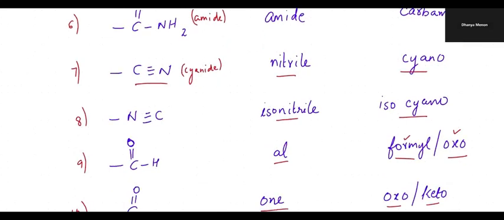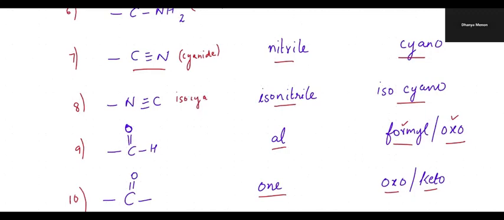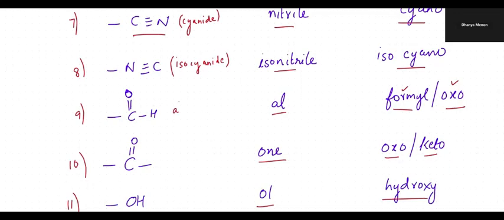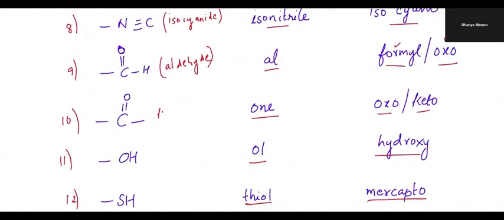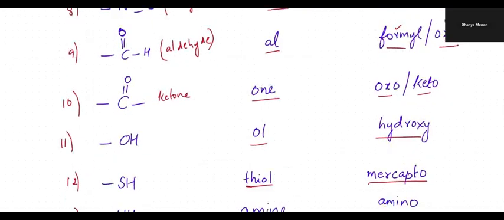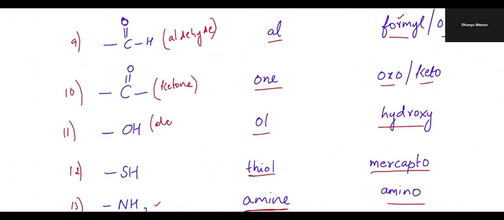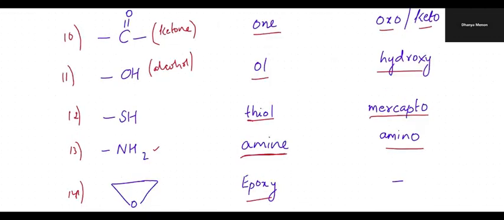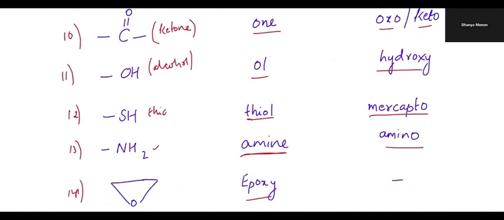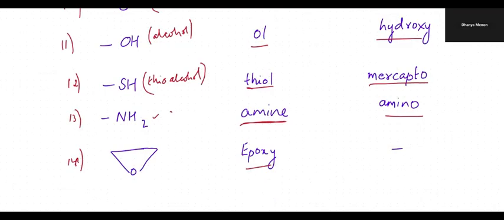Eighth one is structure of isocyanide. Ninth one is aldehyde. 10th one is ketone. 11th one is alcohol. 12th one is thioalcohol. 13th one is amine. 14th one is epoxy. Okay, now let's practice some questions.